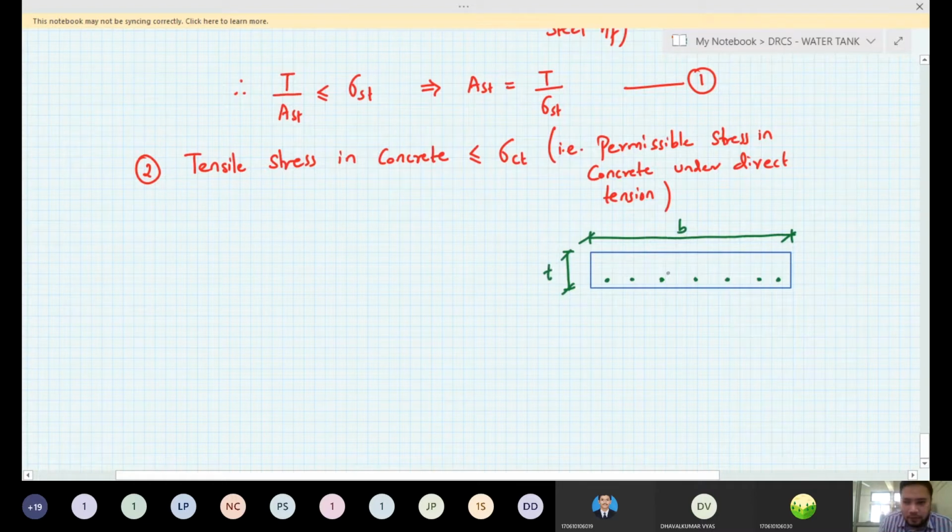Let the area of the steel be AST, and let m be the modular ratio.